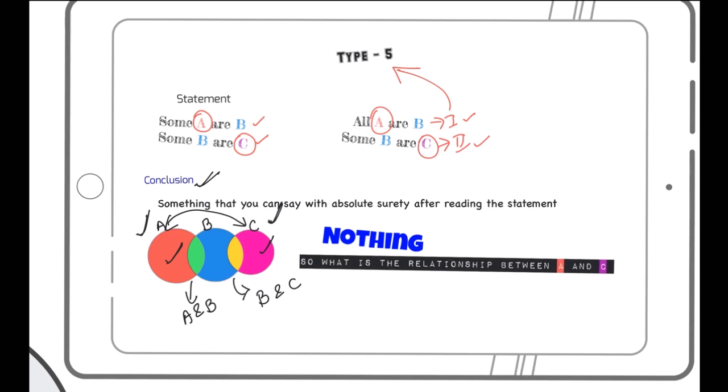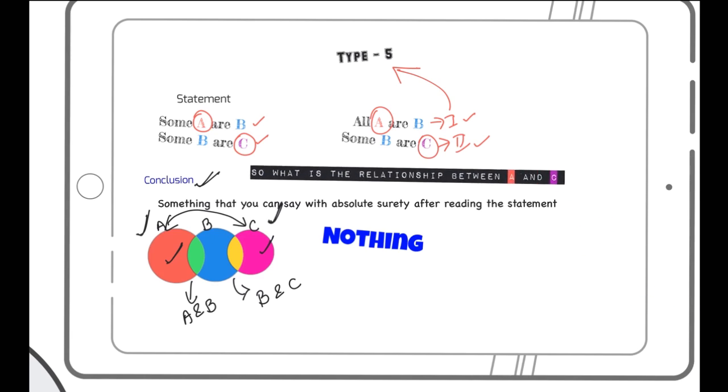So when I see that there is no relationship between two quantities, as in this case of A and C, what can I surely conclude? I can say no A is C. Yes, because there is no relationship between them. Or I can say some A are C.